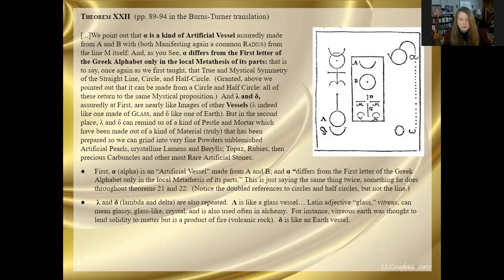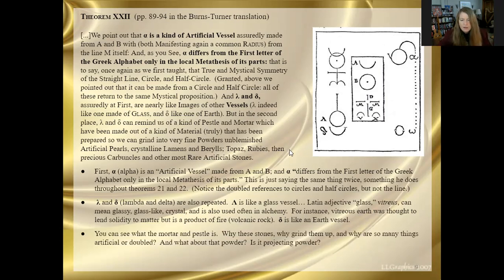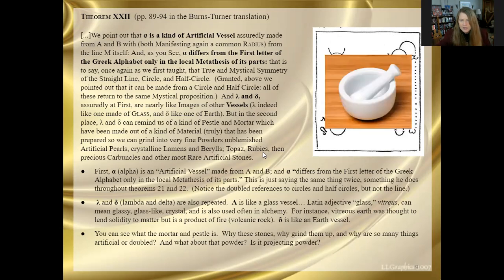It's like you make it with volcanic rock. So that solidity it lends to matter gives way if you put it under a high heat. And you can see what the mortar and pestle is. That's what a mortar and pestle look like if you haven't heard of one before.